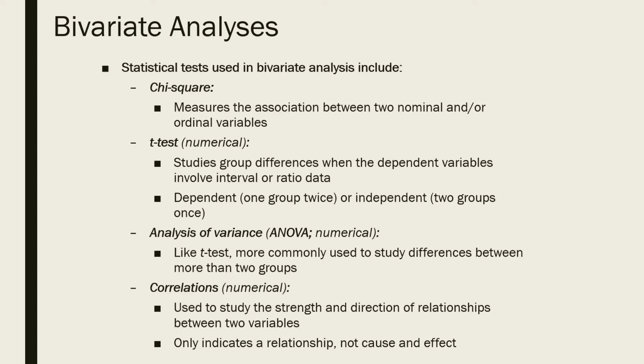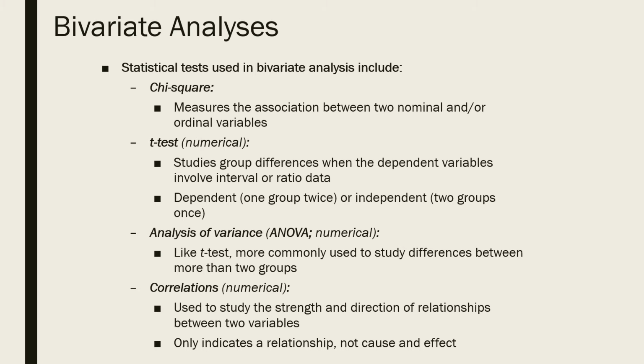You do a t-test if one variable is nominal and the other one is numerical or continuous. So you're basically looking at group differences. But in the case of how you collected your information, you collected time 1, time 2.